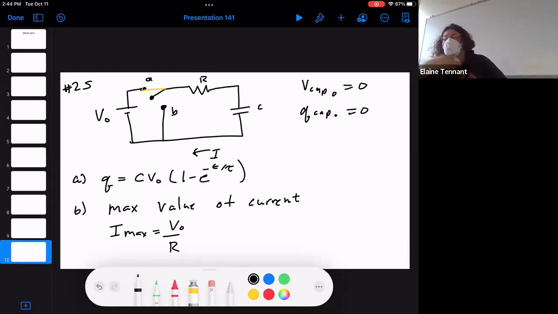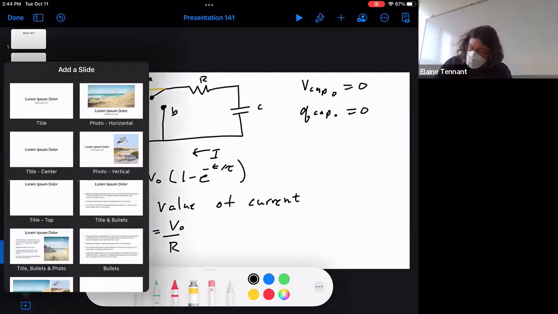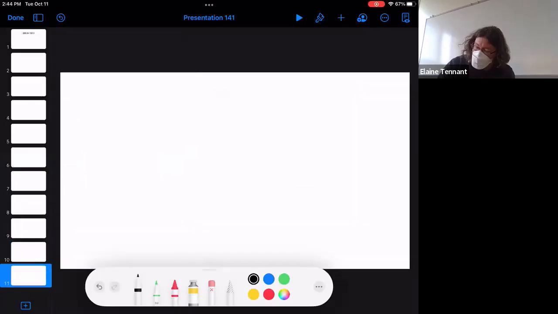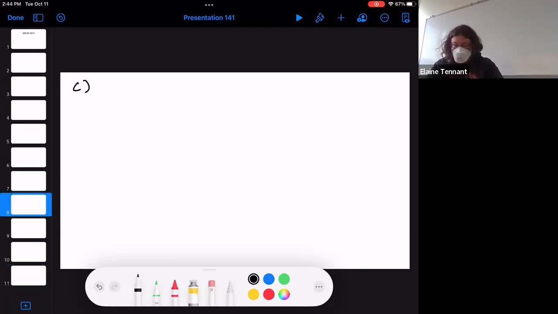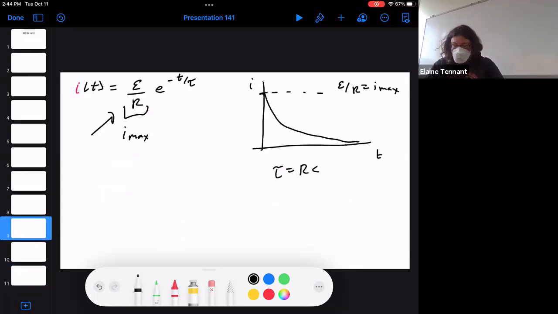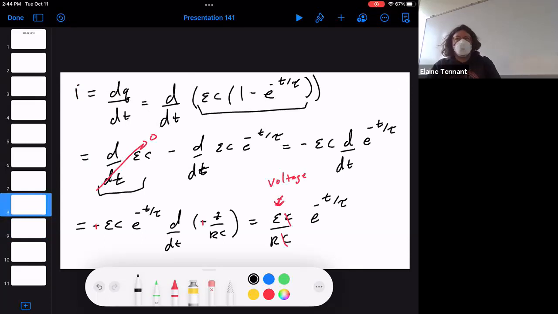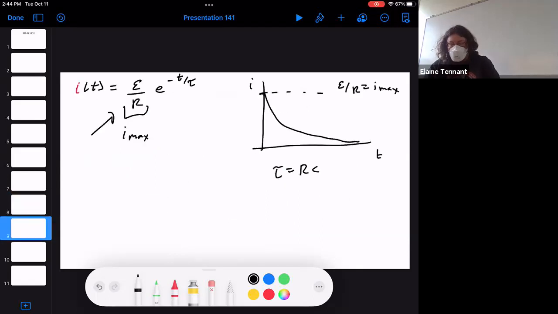Okay. Then they want the current through the circuit with respect to time. And we do it just the way we did this problem, where if we're given the charge with respect to time, we'll just take the time derivative, find the current with respect to time, and we'd end up here.